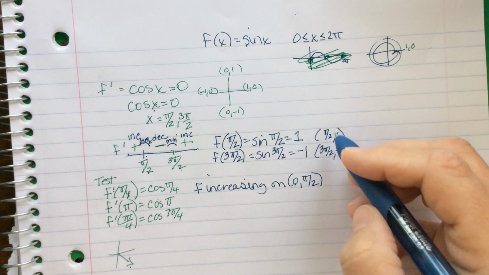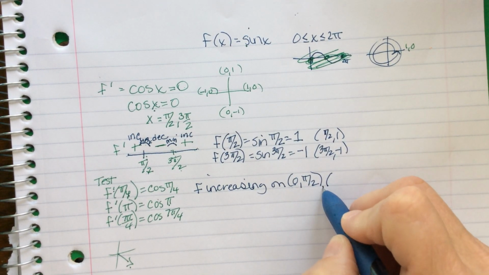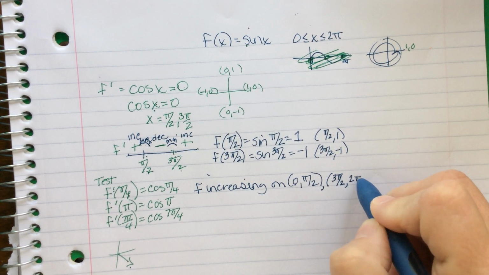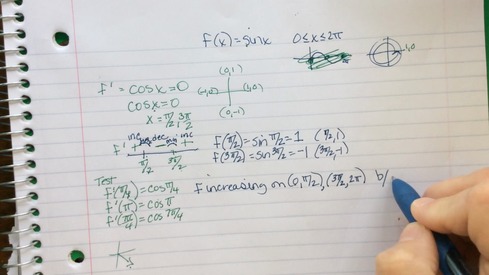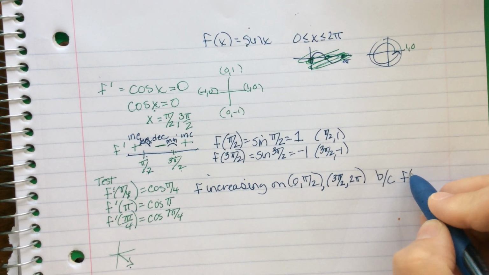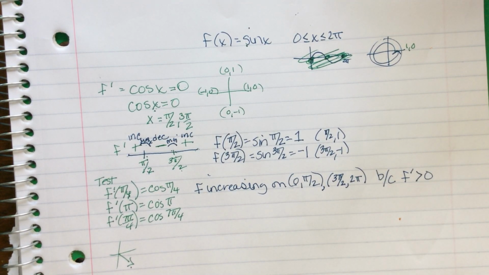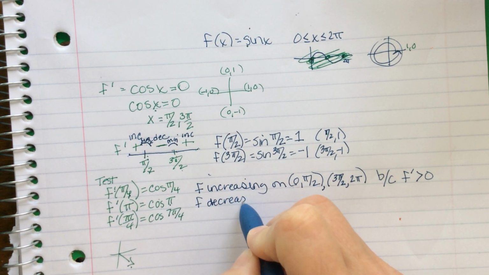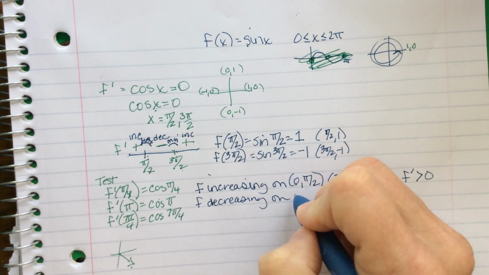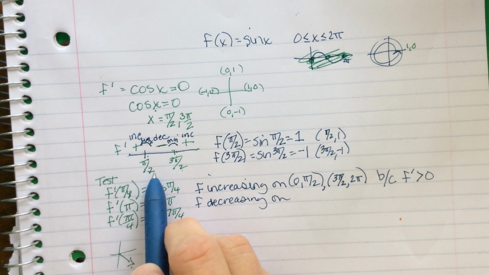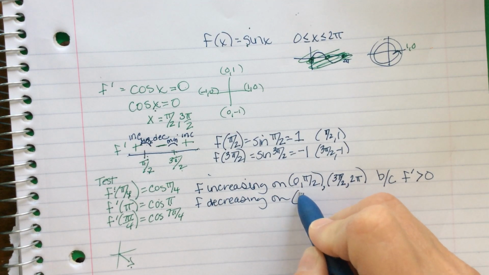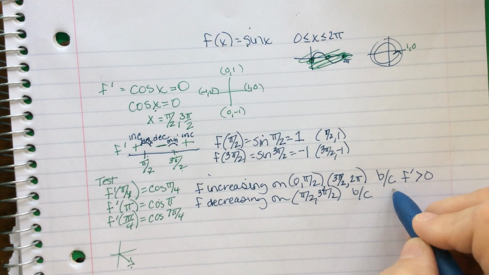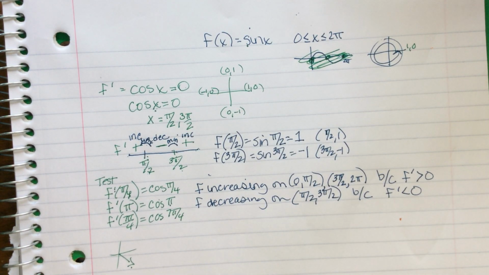f also increases on the interval 3 pi over 2 to 2 pi, because f prime is greater than 0. f decreases, or is decreasing, on the interval pi over 2 to 3 pi over 2, because f prime is less than 0. Excuse me.